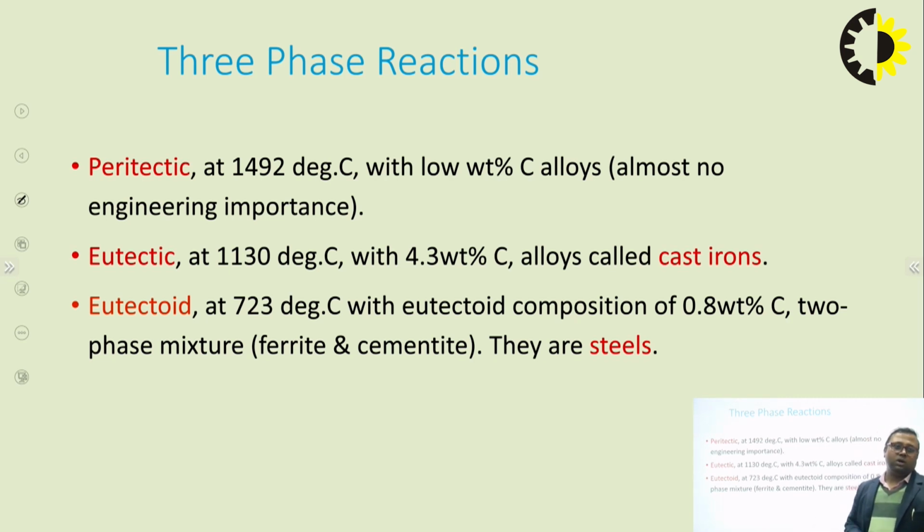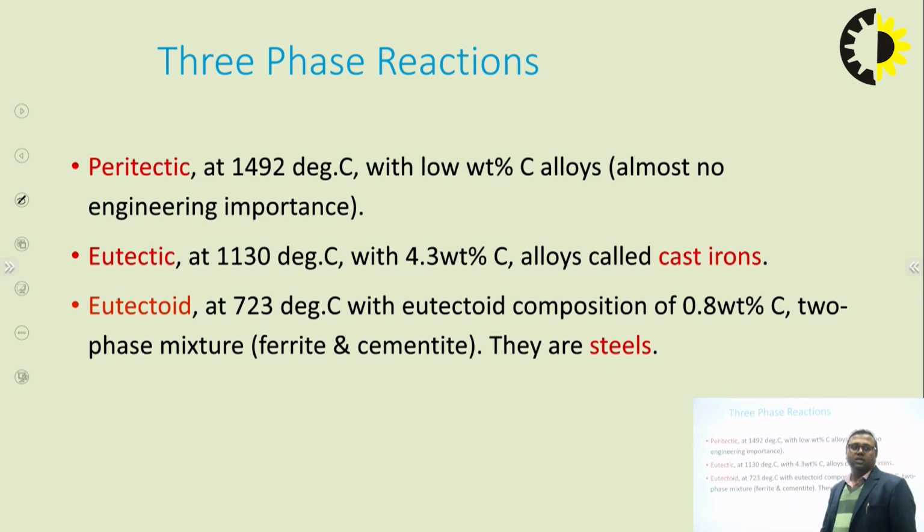Peritectic reactions occur at a very high temperature. These types of materials form an alloy only when the melting point difference between the two materials is very high. Then another is the eutectic reaction, which occurs at 1130 degrees centigrade with 4.3% weight percentage carbon, and the alloy formed is known as cast iron.